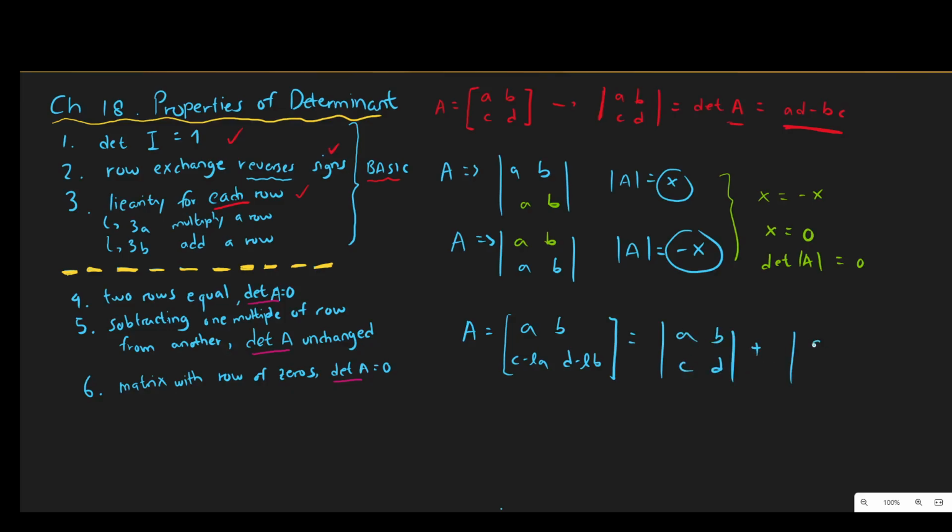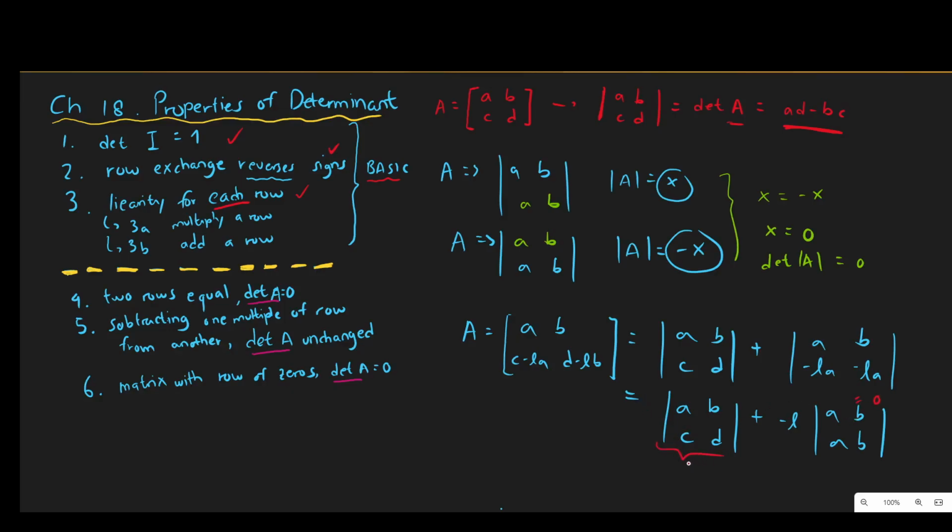The first row remains unchanged, and then I have this in the second row. Then I use property number 4 to say that this is 0.